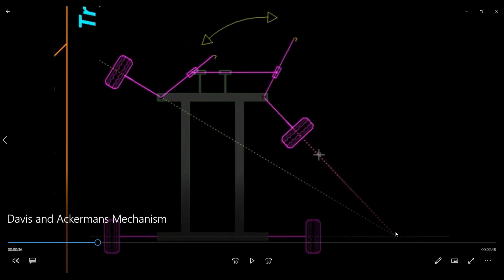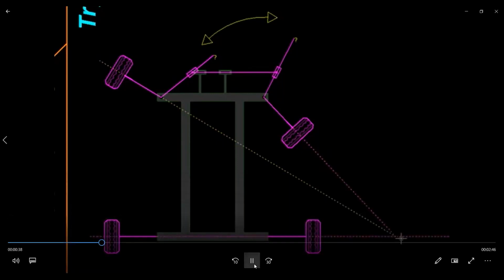So as the ICR is coming at the same point for all four wheels, you can say that it is satisfying the condition of correct steering. At any turning angle you take a turn, in all the positions this condition will be satisfied. Okay.